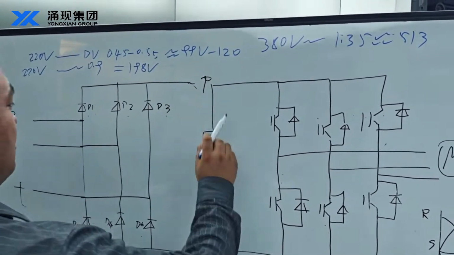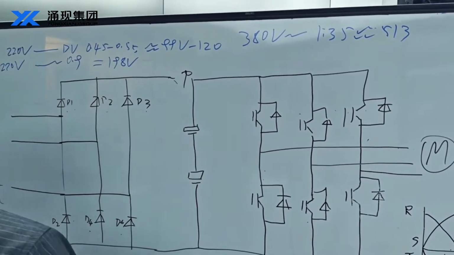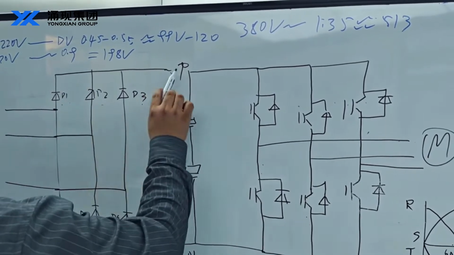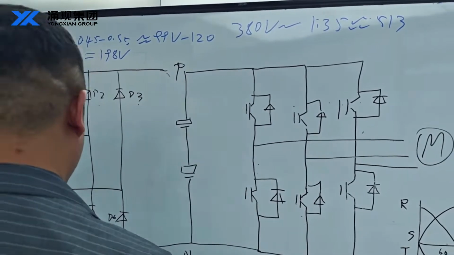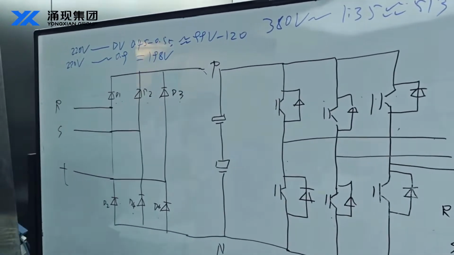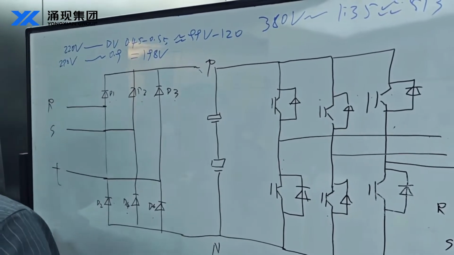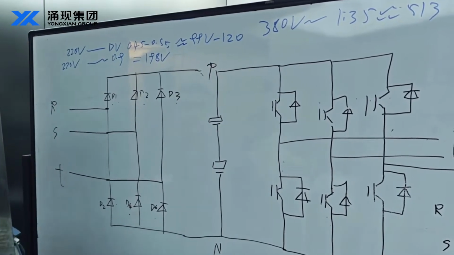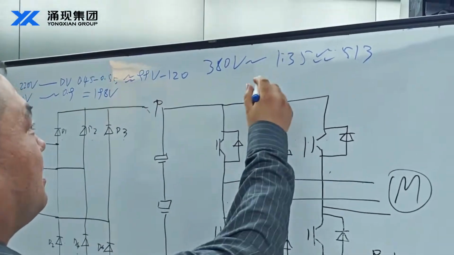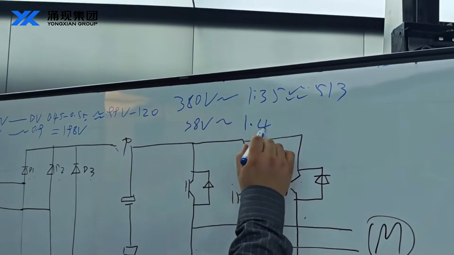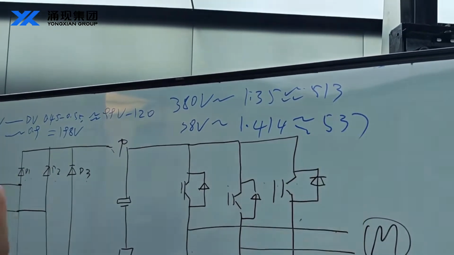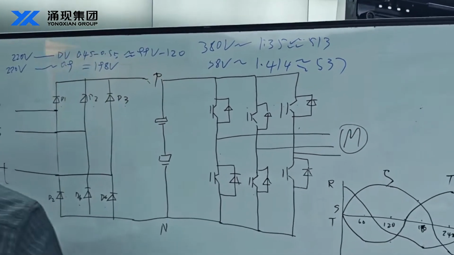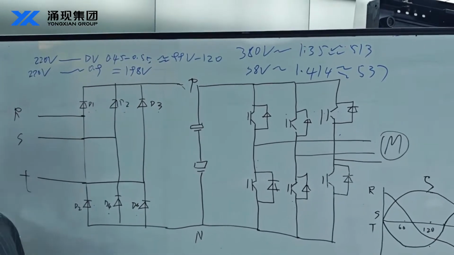After three-phase rectification, the capacitor needs to be charged. So the voltage after capacitor charging is around 1.414 times 380 volts, about 537 volts.